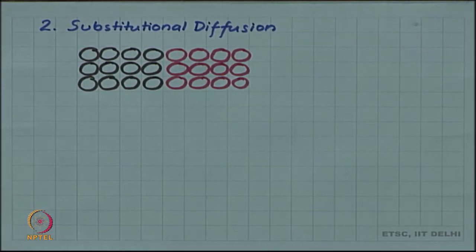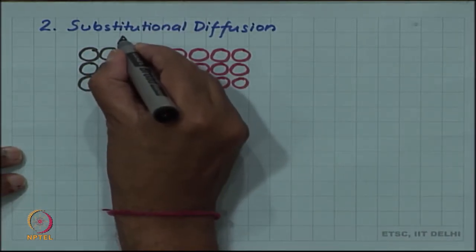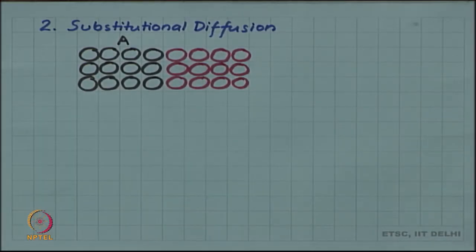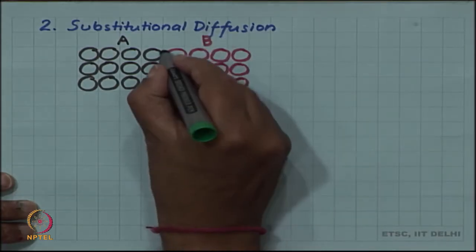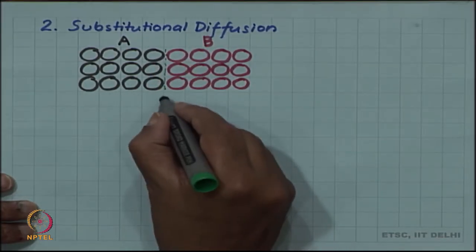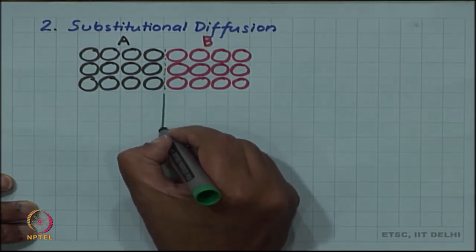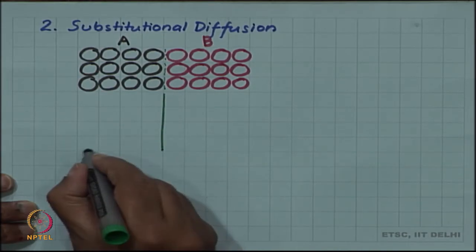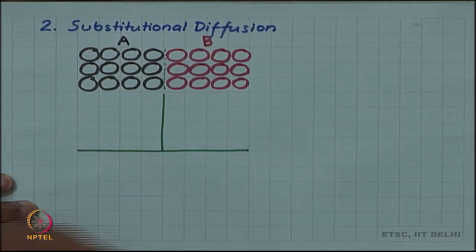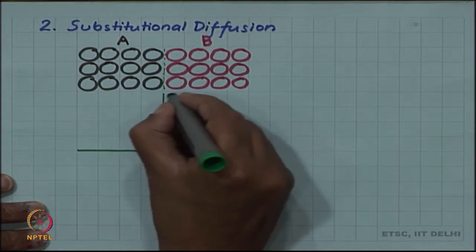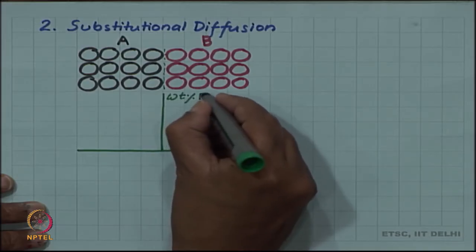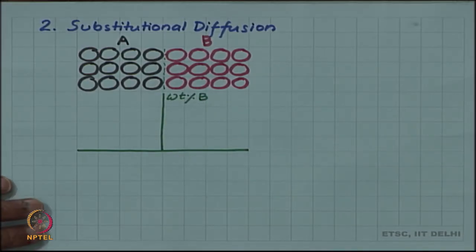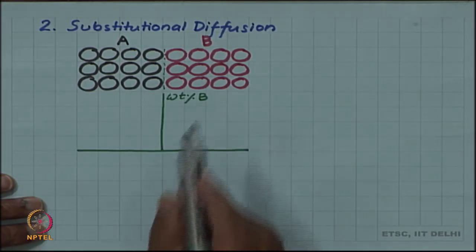So, we are keeping it general, let us call this A atoms and let us call this B atoms, and they are meeting at an interface here. In the middle there is a junction where they are meeting. So, if we represent the concentration profile in this system, let us say that we are plotting weight percent B as our y axis and the x axis is the distance as seen in the diagram.